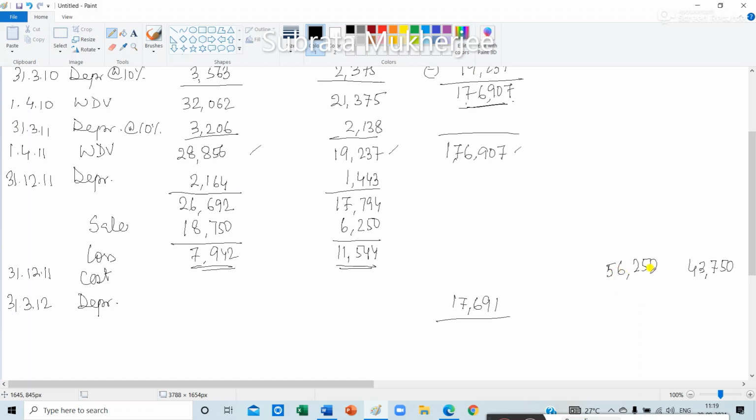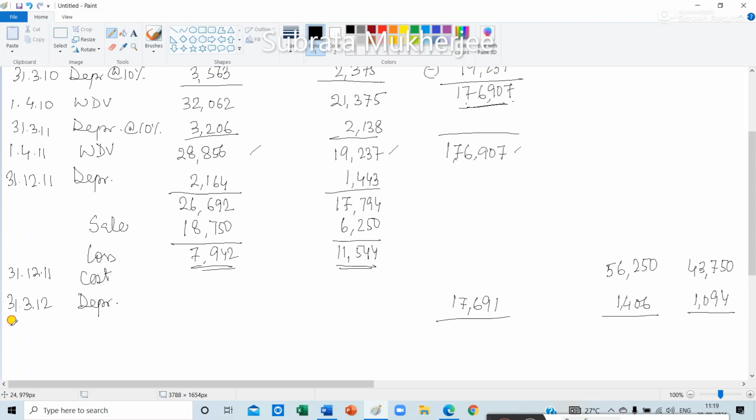So 56,250 into 10% into 3 by 12 gives 1,406, and 1,094 on rupees 43,750 for 3 months.